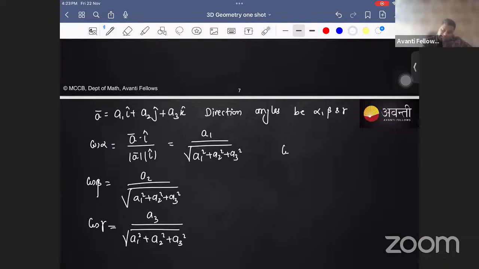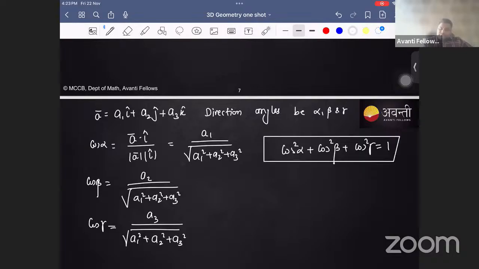So in that case, cos square alpha plus cos square beta plus cos square gamma is 1. That means L square plus M square plus N square is 1.